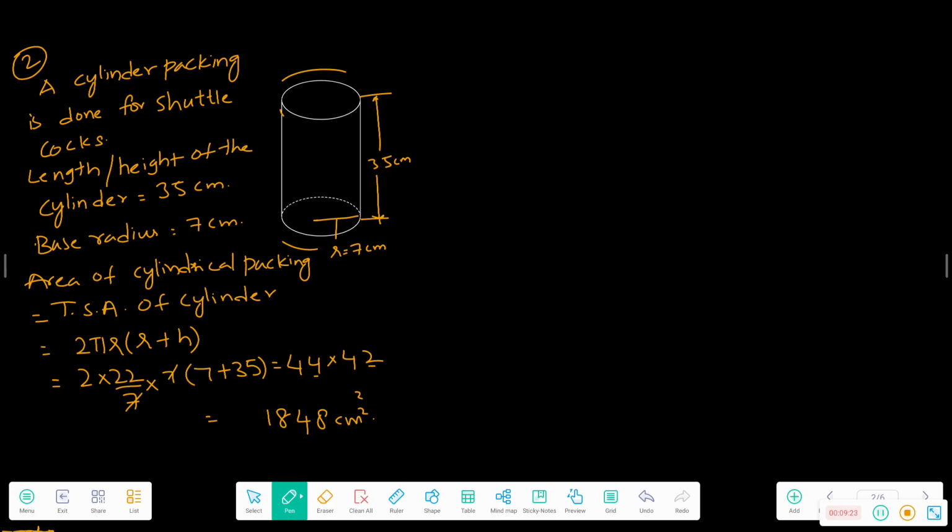But he asked to find the area of the paper sheet required. So here this is for one cylinder.